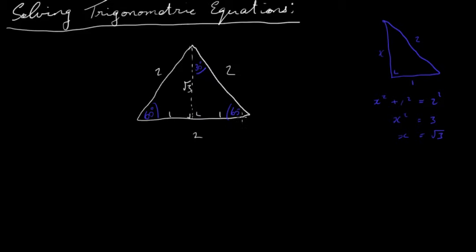The sine of 60 degrees will be root 3 over 2. The cos of 60 degrees will be 1 over 2. The tan of 60 degrees, root 3 over 1, and so on and so on. So we can use this part of our triangle here to just work out sine, cos, and tan of 60 and 30 degrees. Okay, so those angles come up very often in these type of questions.